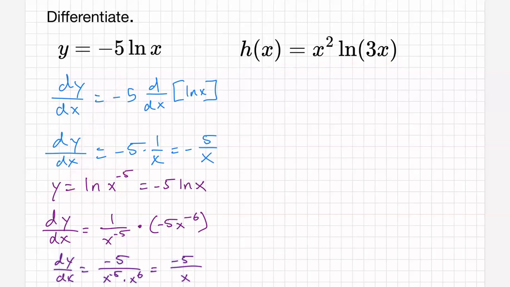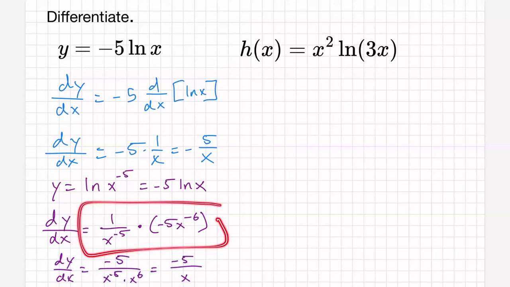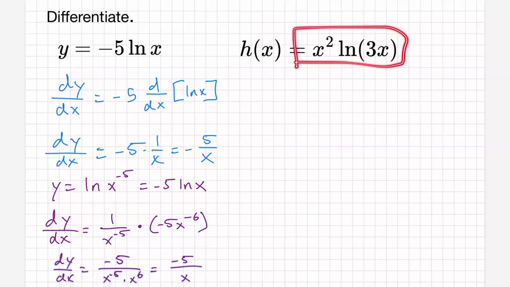What's going on with this next one, then, I have to be careful of. I got a 3x, right? So I'm going to do a chain rule, so we're definitely going to need to go back to what we just reviewed, right? So we're going to need that here. What else is going on with this function? All right, an x squared, right?